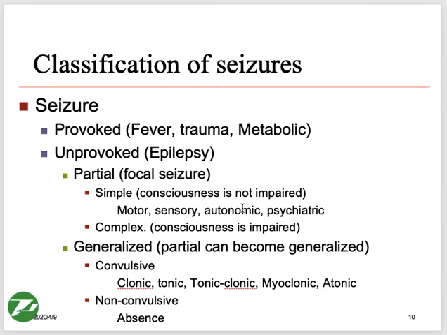Autonomic partial seizures can be, for example, think about the autonomic functions in the body. It could be sweating, flushing, piloerection, where the small hairs become erect. And it could be psychiatric, for example, the person has some psychiatric symptoms, simply like this.